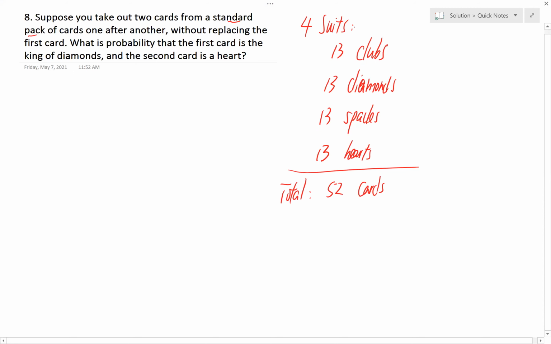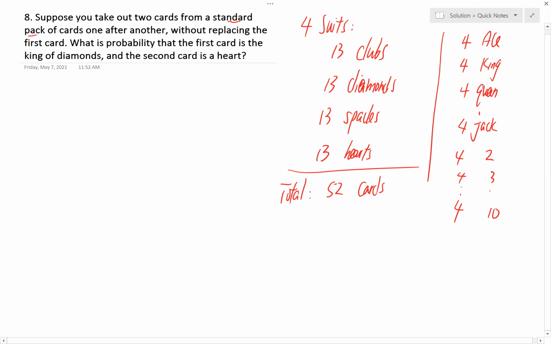And for each suit, we have an ace, king, queen, jack, 3, all the way to 10, right?